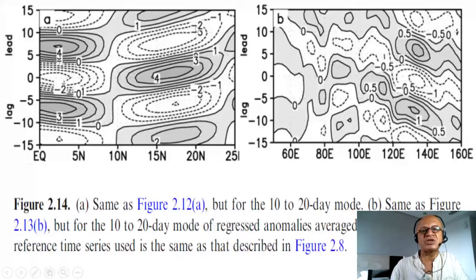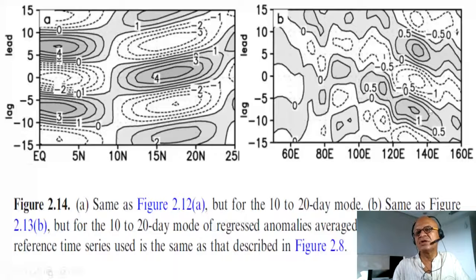So the propagation is not always very clear in the northward direction, but the westward propagation, so remember time is going this way, lag minus 15 to lag 15, so you are going from the northwest tropical Pacific, just western Pacific maritime continent towards Bay of Bengal. So the Indian subcontinent is here, Bay of Bengal is here. So there is also a transition from this mode into the low pressure systems and monsoon depressions.